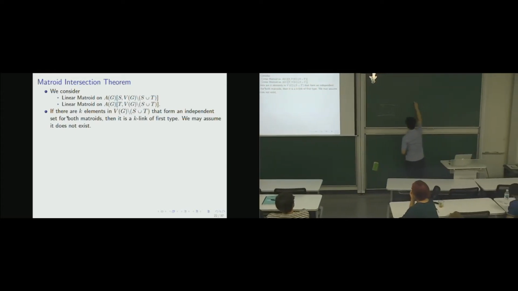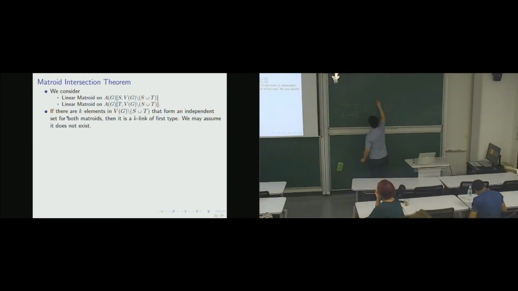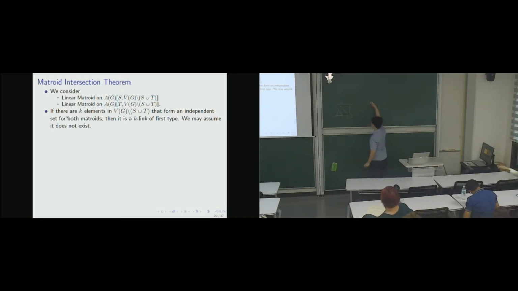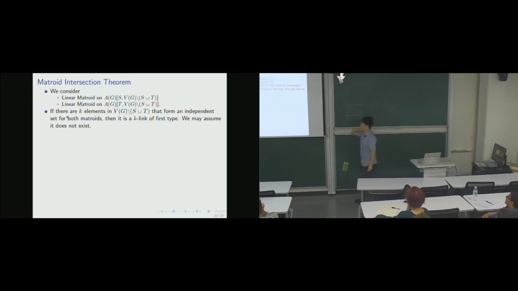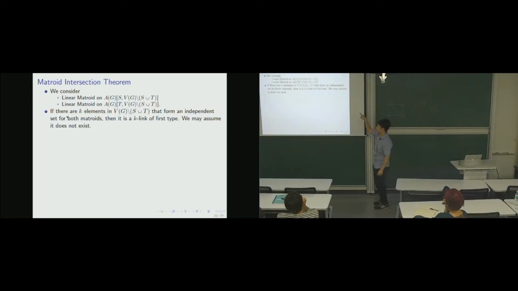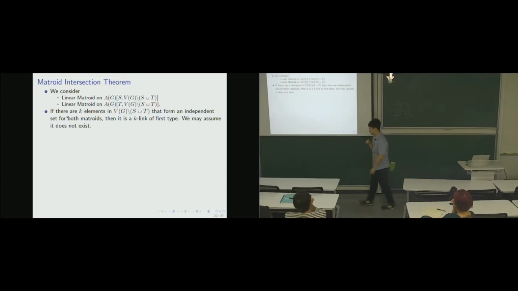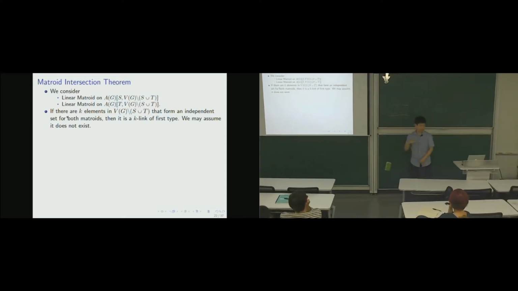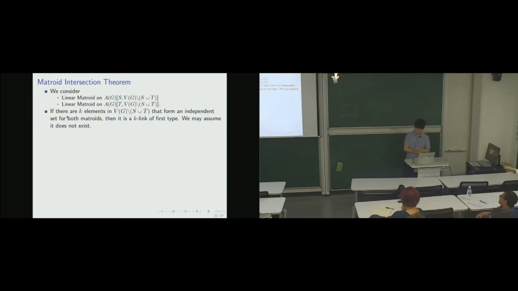So you have a k-set where the rank between them is also the full rank. Independent means that the rank is exactly k, and also being independent to T means that they are full rank. So if there is a k-element common independent set for both matroids, then you have a k-link. So we may assume that such a set does not exist.